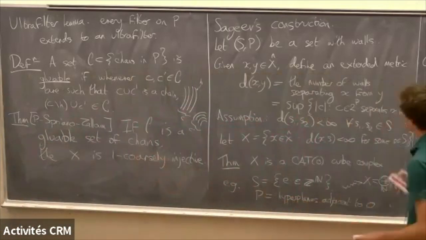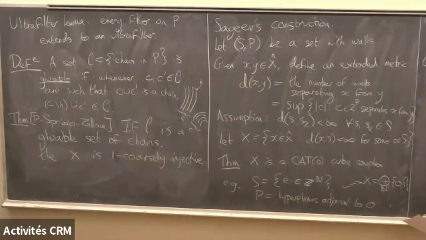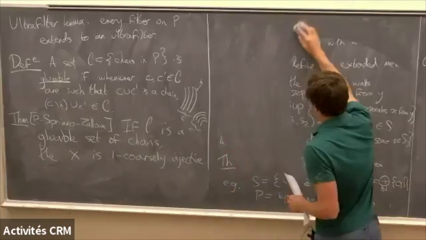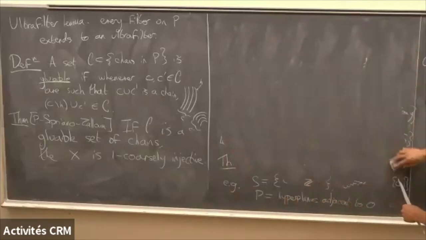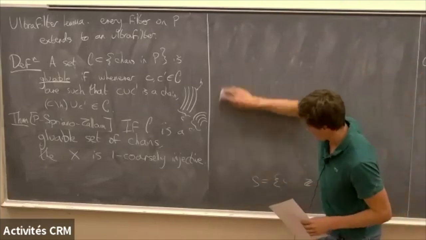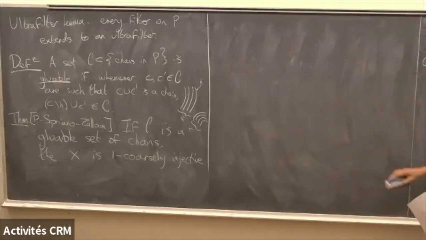So the motivation I led with was we want to be able to build actions on nice spaces. And this is a way to build actions on coarsely injective spaces. And as Tamar told us about last week, if you have an action on a coarsely injective space, that gives you an action on an injective space, because being coarsely injective is the same as being at finite distance from your injective hull.